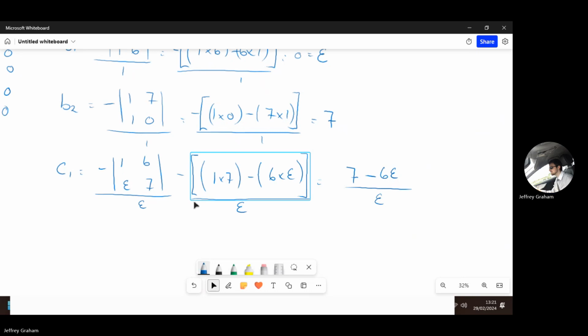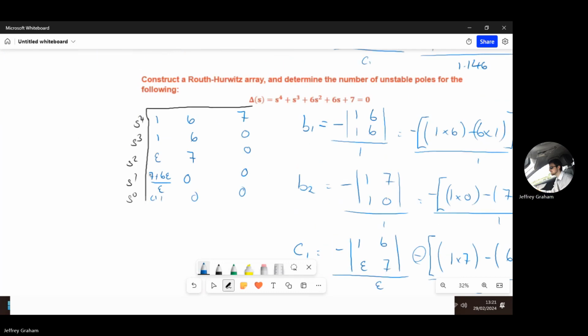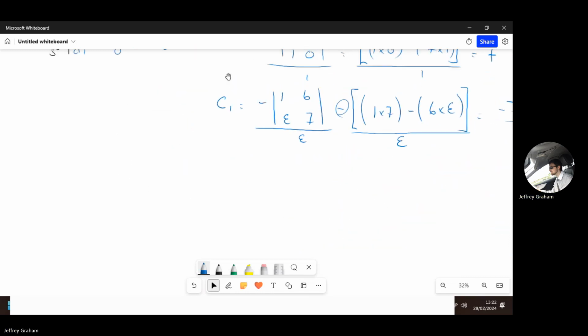Positive, because I forgot to account for that bit there. So minus 7 plus that, accounting for the fact that the negative multiplies everything in. So, right. D1. Finish off.